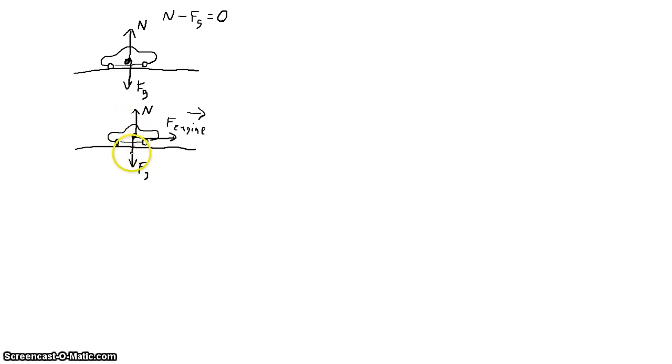Now, on a road, when a car is moving on a road, there may be forces that are acting in the opposite direction. The most likely of those is friction. For example, there is wind blowing this way and hitting the car. You'll also hopefully recall in your everyday experience that if you take your foot off the gas pedal, if the force of the engine goes away, the car immediately starts to slow down.